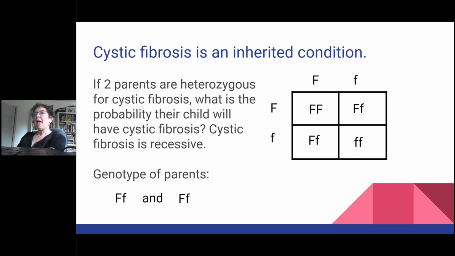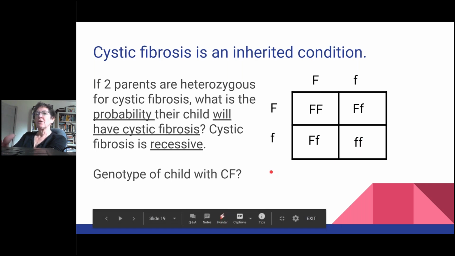So if they had one child, the probability that child might have cystic fibrosis is 25%, because 1 out of 4 possible combinations of their genes is recessive for this condition.